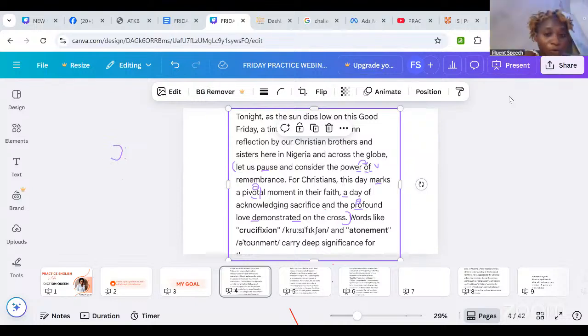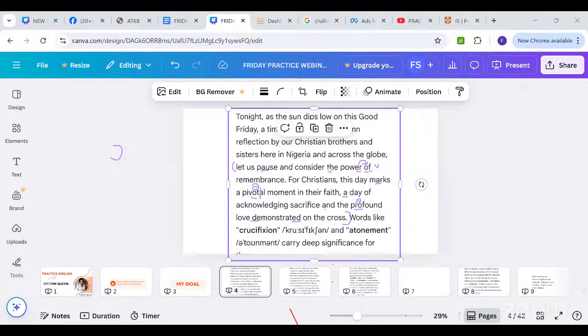So please go through the reading from let us pause and consider. Let us pause and consider the power of remembrance. The power of remembrance. For Christians, this day marks this CNH. Put your tongue outside. This day marks a pivotal.